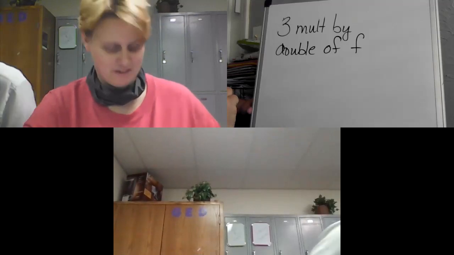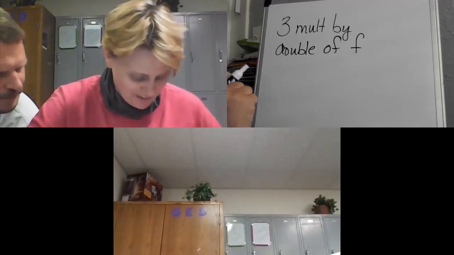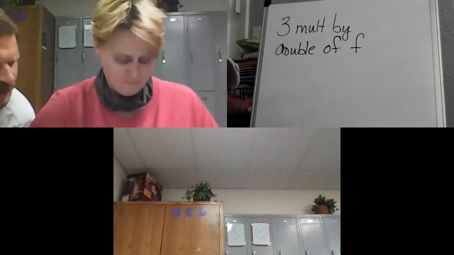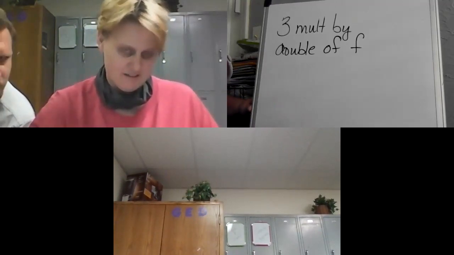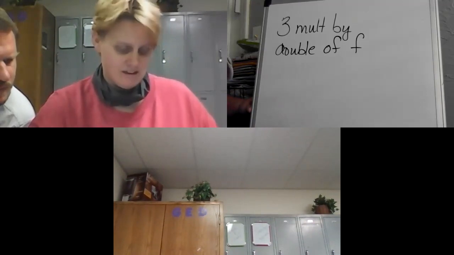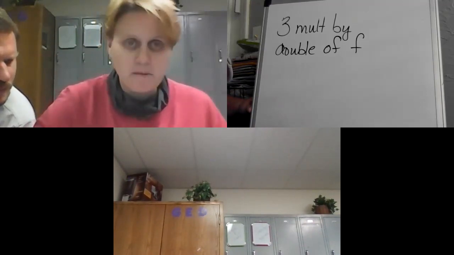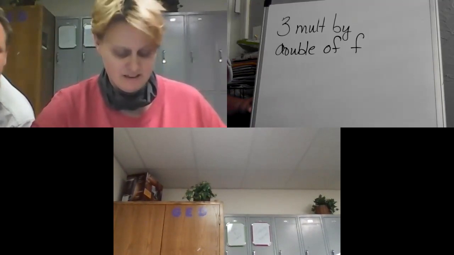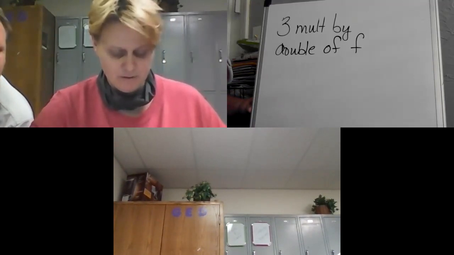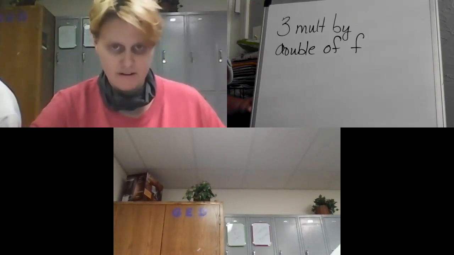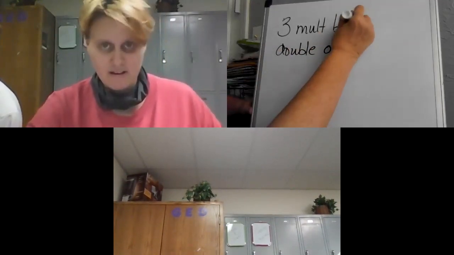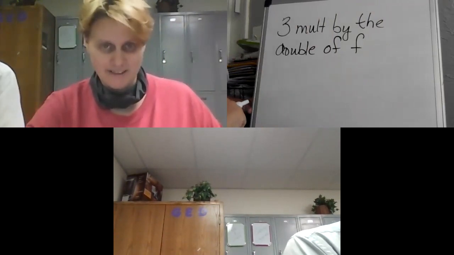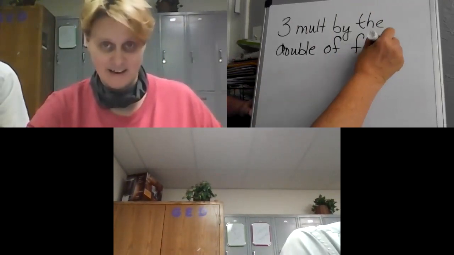Okay, hang on, I'm sorry. Just read it off of there and I'll check. Double of F. She can't hear Randy. Okay, it's 3 multiplied by the double of F minus 9.